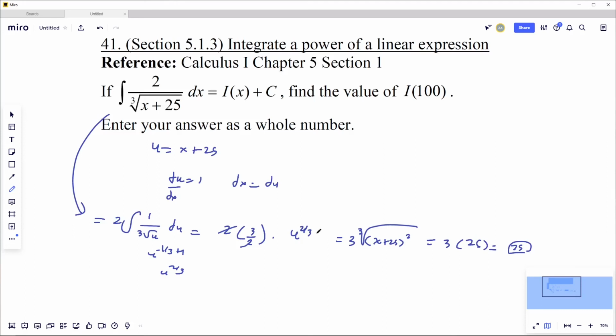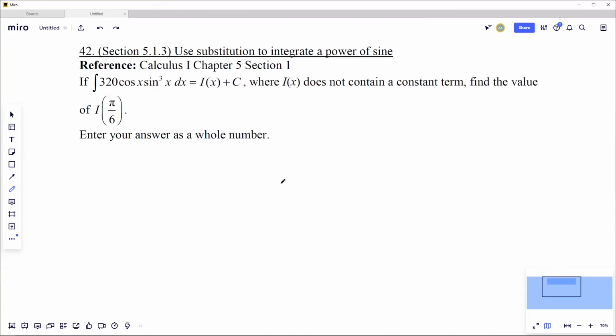And by the way, this is plus c, and when we substitute, we actually substituted this as I of x, and this is nothing but I of 100, just to be formal. And yeah, pretty much.